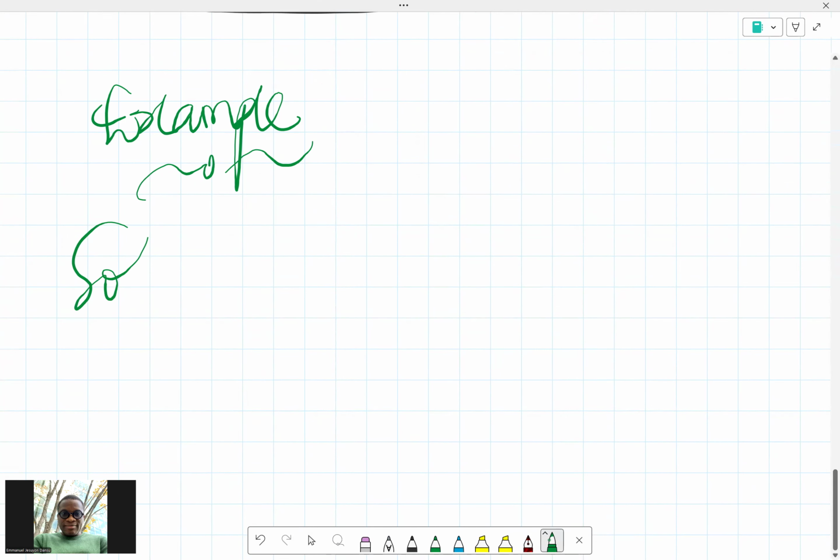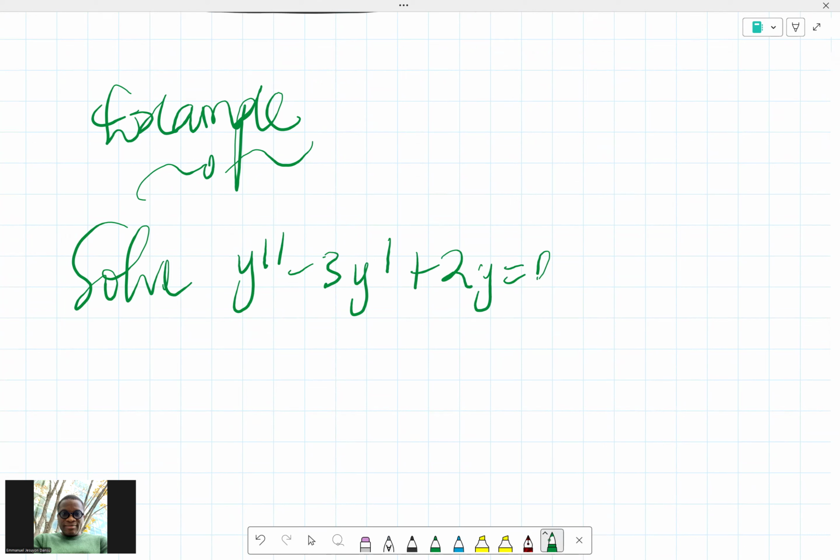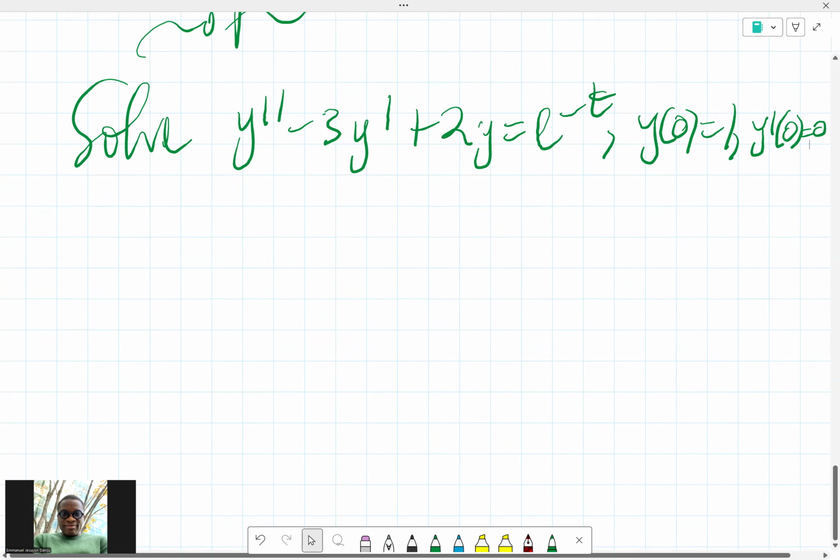Solve y prime prime minus 3y prime plus 2y equals e raised to power minus t. y of 0 is 1, then y prime of 0 is 0. Okay. So what do we do?